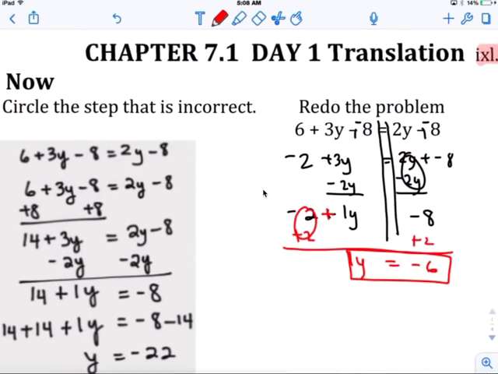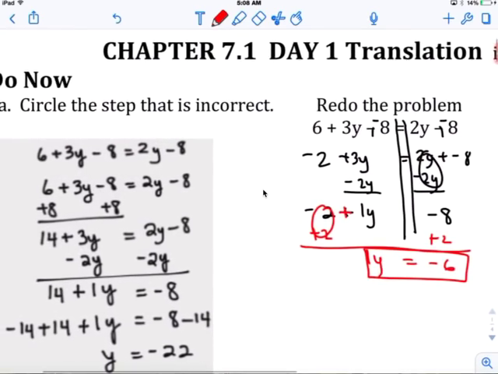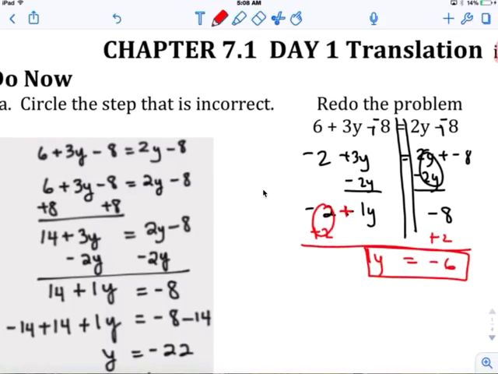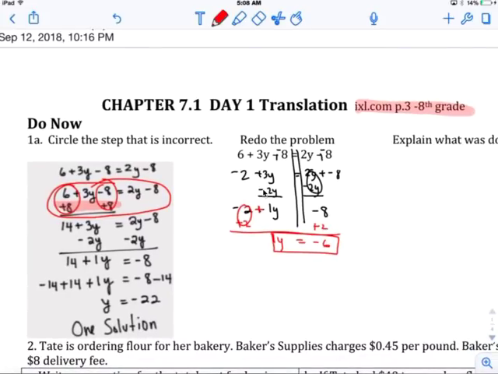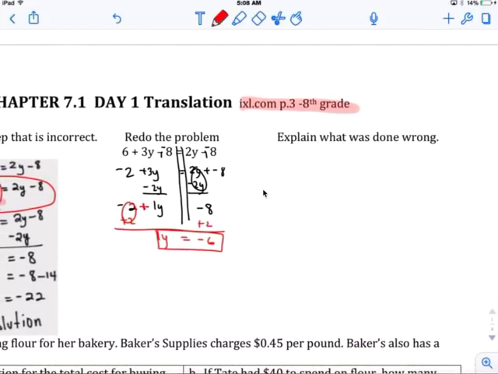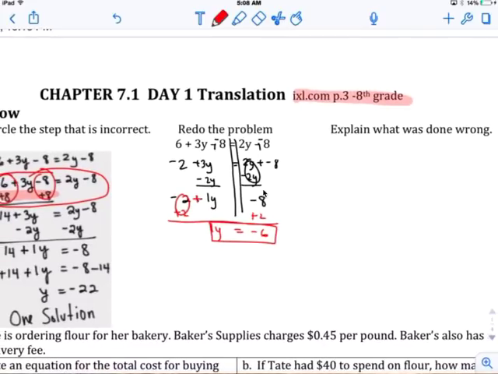So what did they do wrong? Look at that. That's wrong right here. You never make 0 when you combine. That's wrong, to the same side, that's wrong. Okay? All right, explain what the kids did wrong.